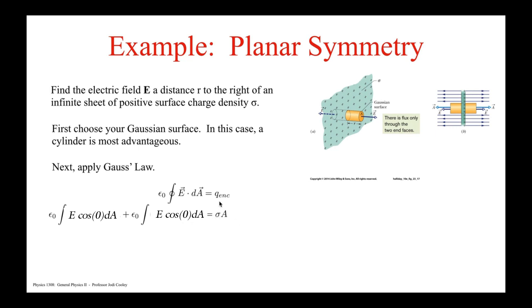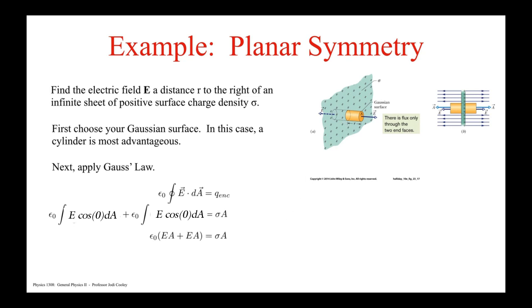And this is equal to Q enclosed. And in this case, your Q enclosed is only on the sheet. And so the Q enclosed is sigma, which is your surface density times the area. And the area of your cylinder here is A.